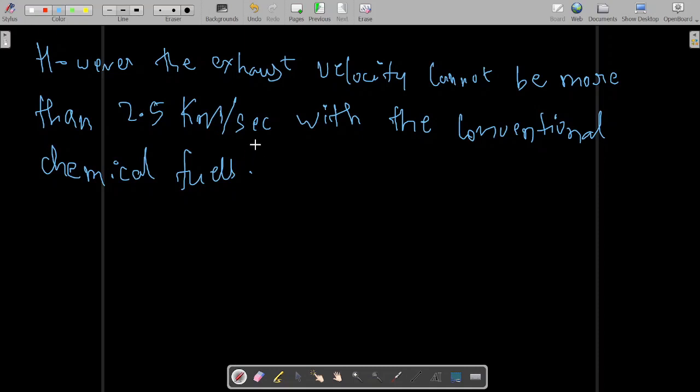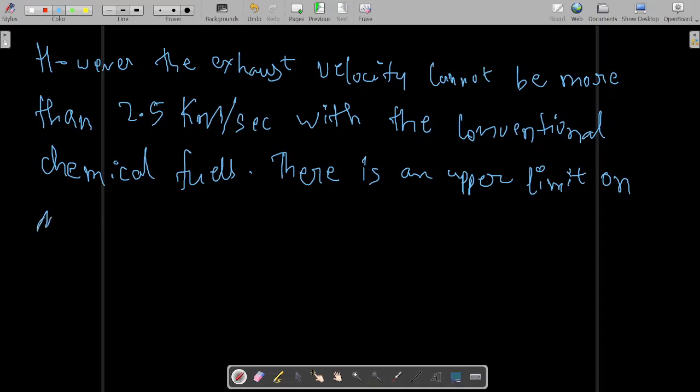There is an upper limit on m naught over m also.